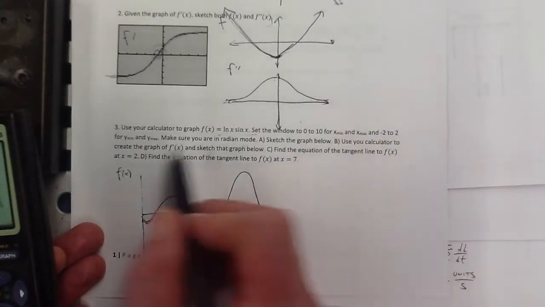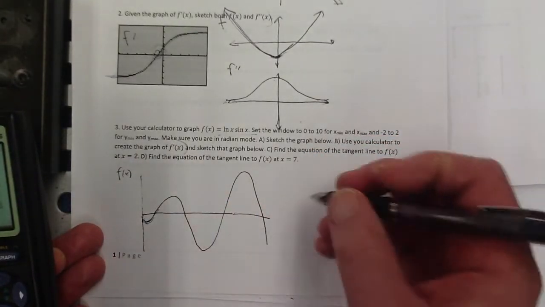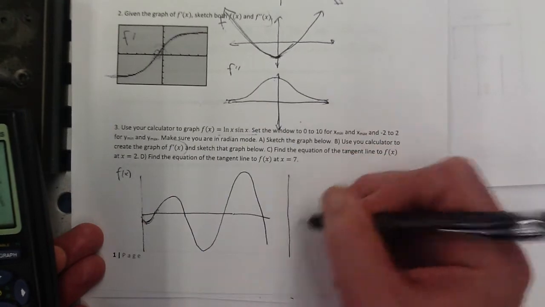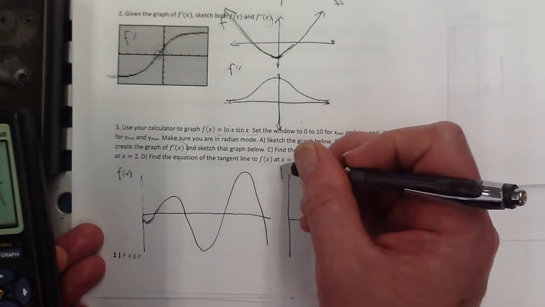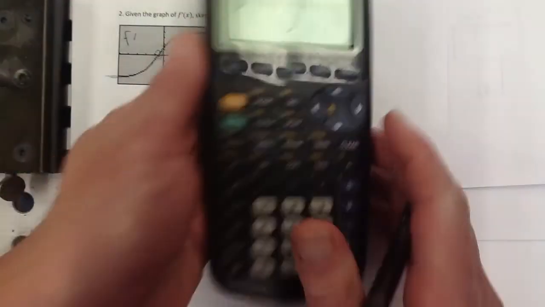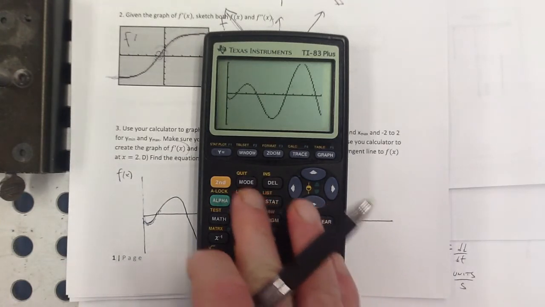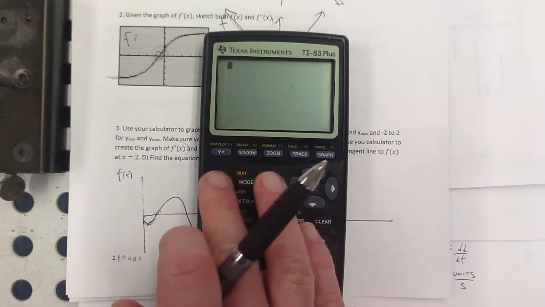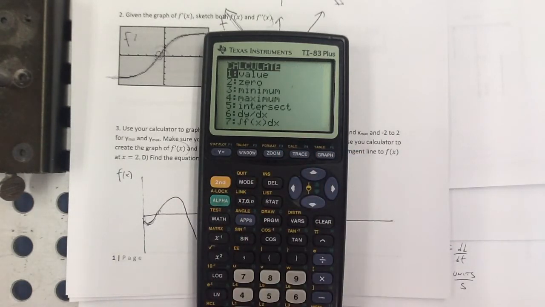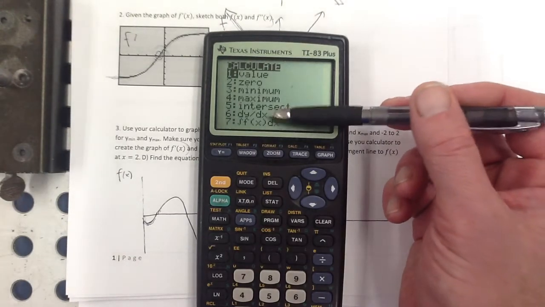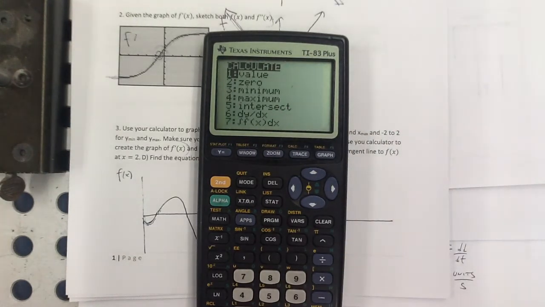Now use your calculator to create the graph of f prime and then sketch that graph. How do you do that? I'm going to show you. The people who made this calculator, probably a TI-84 or some version of that, knew that we were going to use these to do calculus. In the calculate menu there's this dy/dx for finding slopes.